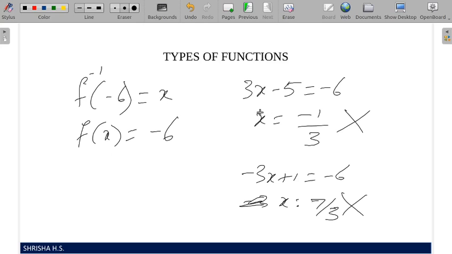So we are not able to find a suitable value of x in either 3x minus 5 or minus 3x plus 1. So f inverse of minus 6 is null. Okay, f inverse of minus 6 is null. So what it is representing is that it does not have a pre-image.